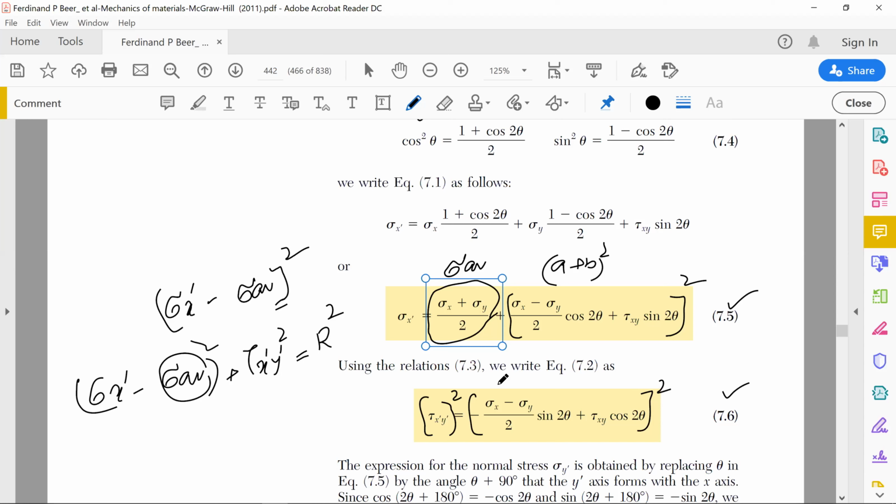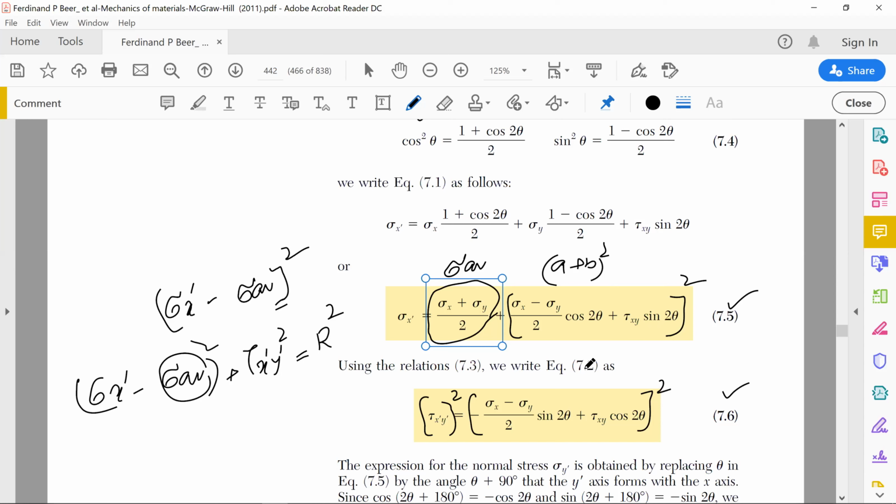Cos square 2 theta plus sin square 2 theta is equal to 1. So sigma x minus sigma y over 2 whole square plus tau xy whole square, under root, was equal to the r value. There will be a total of 6 terms: a square plus b square plus 2ab, and a square plus b square minus 2ab.